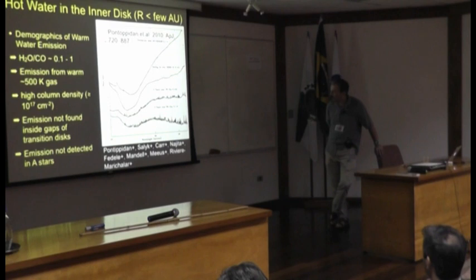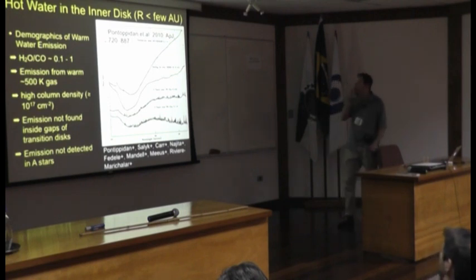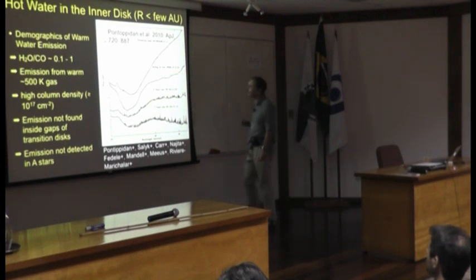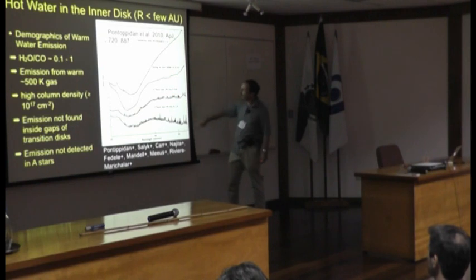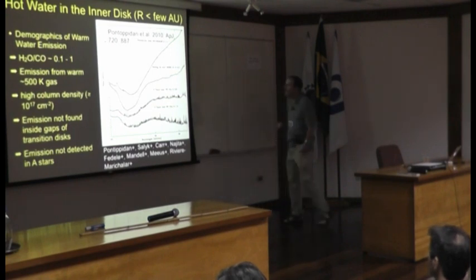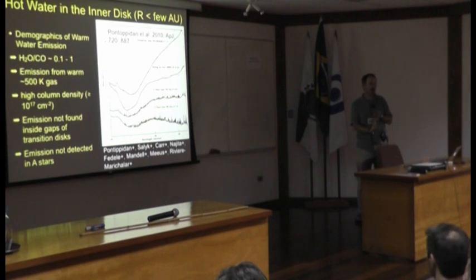So let's go to the disk. All right. So what we know, and I talked about this a little bit yesterday, I'll give you the summary. We have actually pretty good demographics because there were lots of Spitzer spectra that were taken. So here are several T Tauri stars. We see all this forest of lines, that's water. And the demographics are such that water is common if the disk is accreting onto the star.